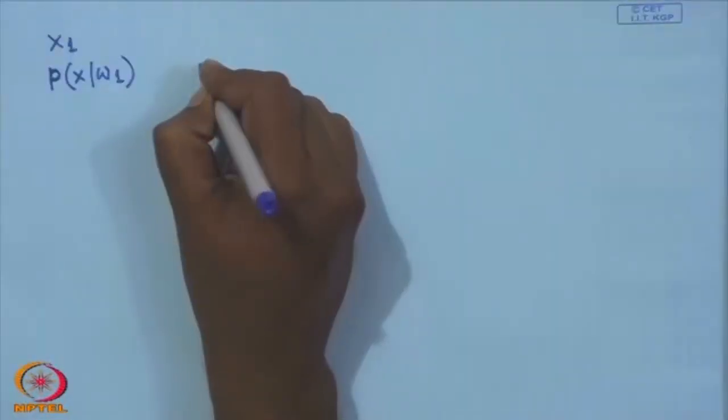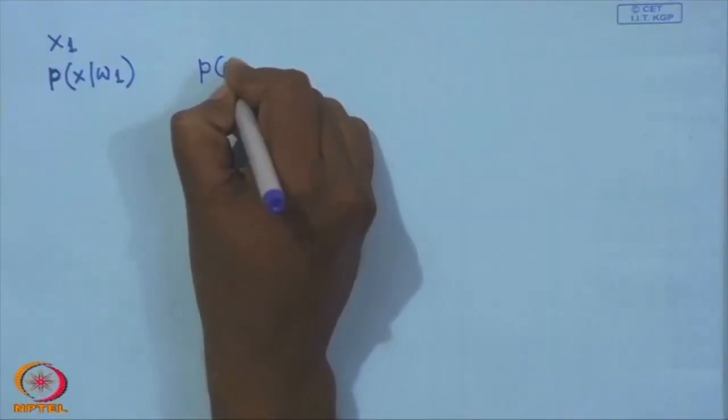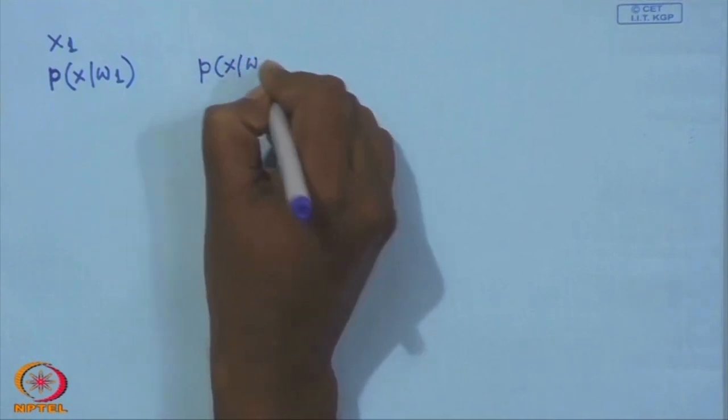And I also know the class conditional probability, that is p of x given omega 2.